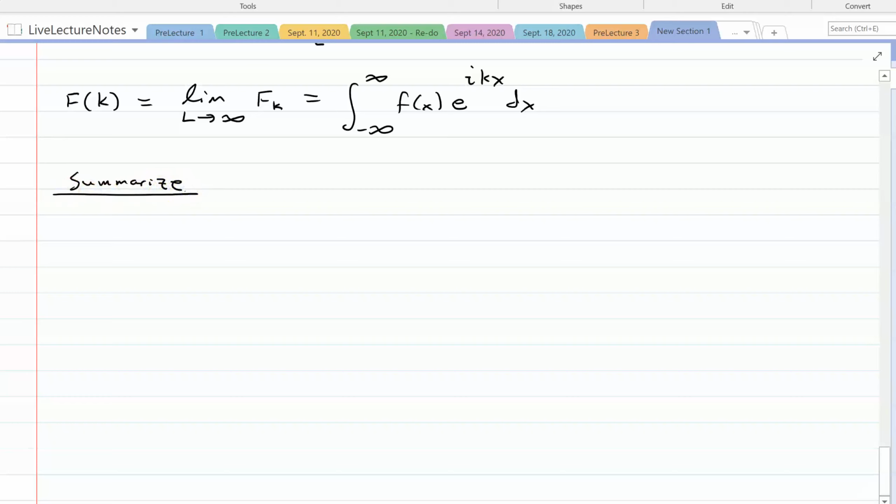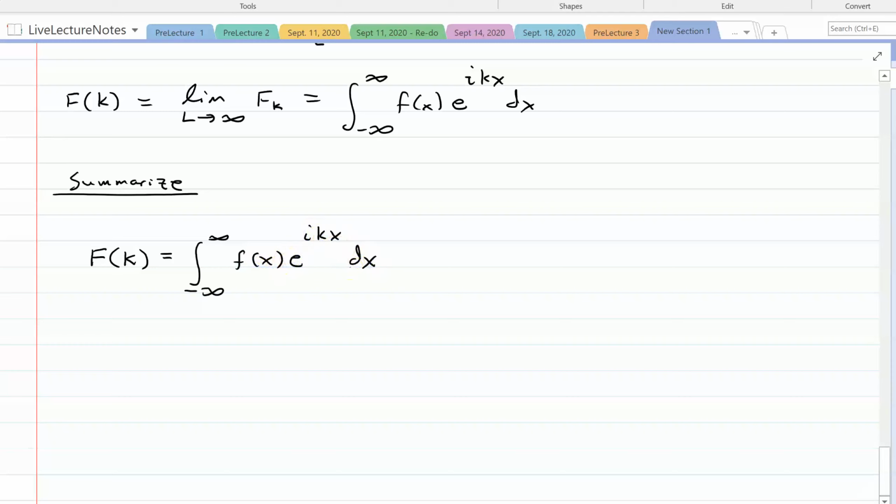After all the math, the idea is that I'm generalizing my Fourier series to a non-periodic function. And that means instead of a sum of only adding up certain frequencies, any frequency is possible, and my sum becomes an integral. So I have here F of k is the Fourier transform of f of x, the integral from minus infinity to infinity of f of x, e to the i k x dx.